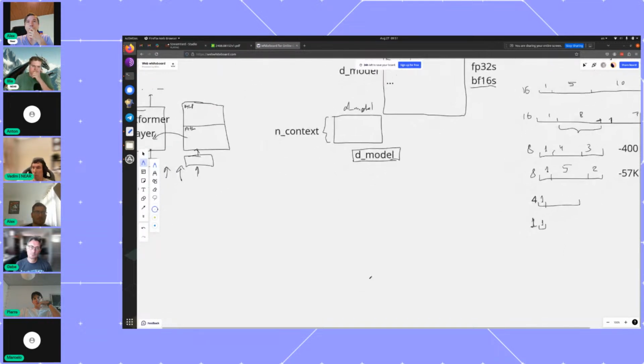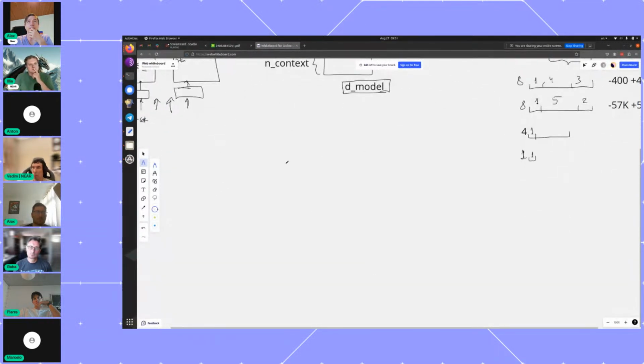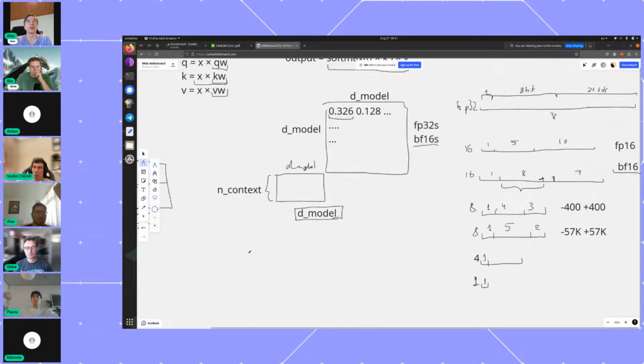All right, so let's go into a little bit more detail. Let's zoom in on a single matrix multiplication.